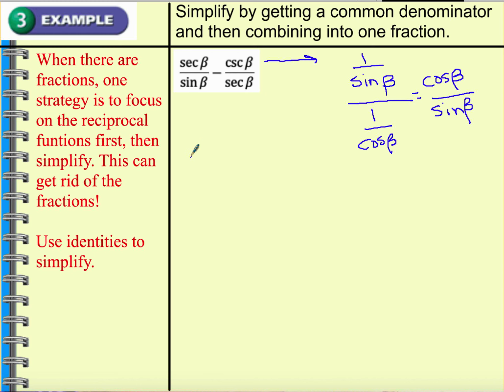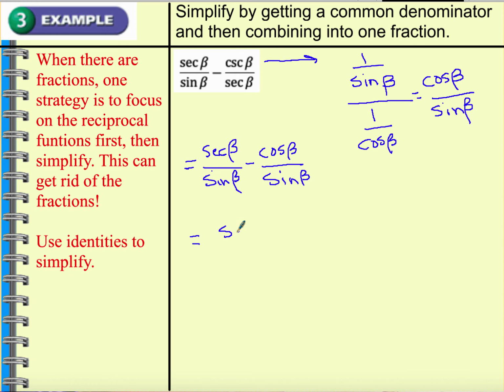So what we have here, and I'm going to write a little equal sign so we can see that this is equivalent, is the secant of beta divided by the sine of beta minus the cosine of beta divided by the sine of beta. Okay, I can see here that my denominators are the same, so I can combine the numerators.